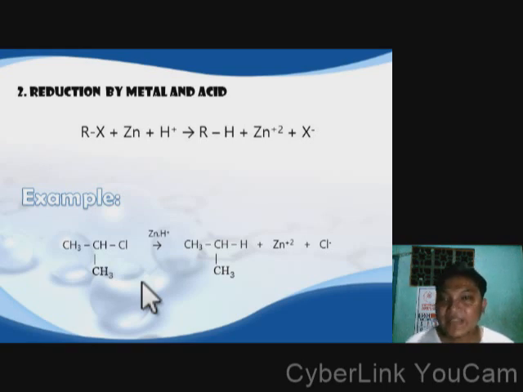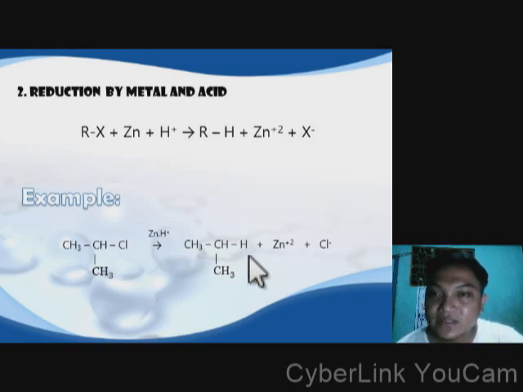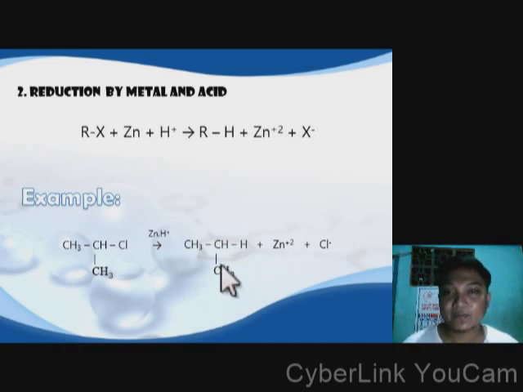Meron tayo dito, CH3, CH2, then CH3, forming your isopropane, di ba? Isopropane plus zinc, and then your chlorine. Tandaan nyo, reduction of metal and acid composes of your alkyl halide plus your zinc plus hydrogen, forming you an alkane plus zinc plus free halogen.